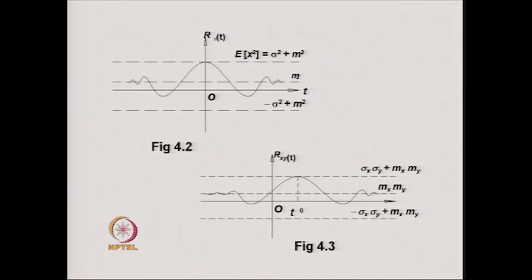Figures 4.2 and 4.3 show the plots of Rx(tau) and Rxy(tau) with tau.